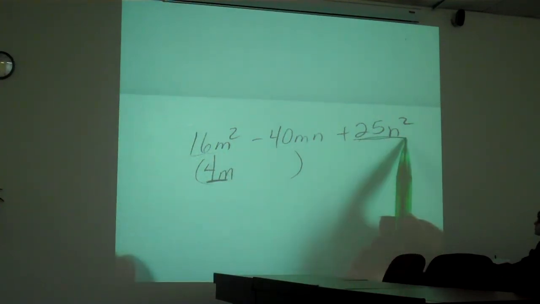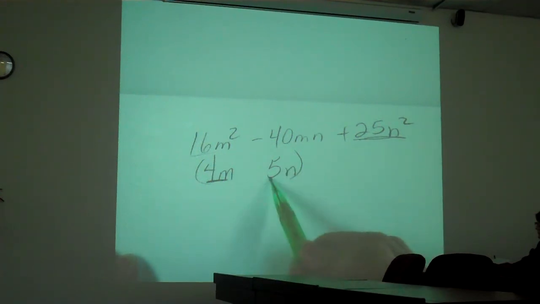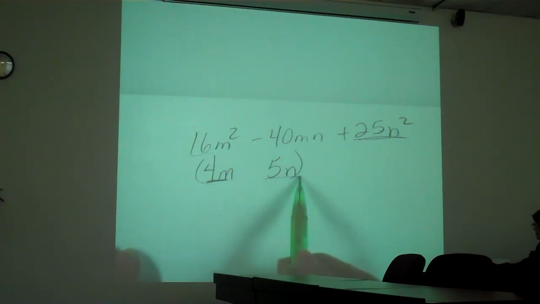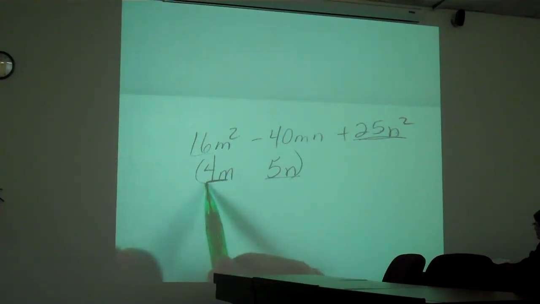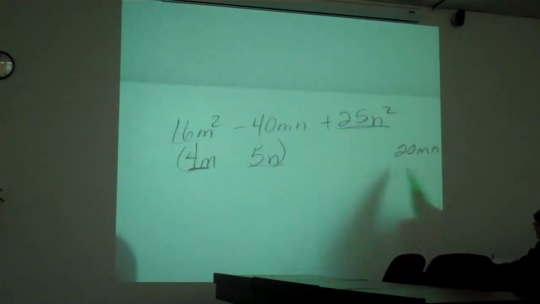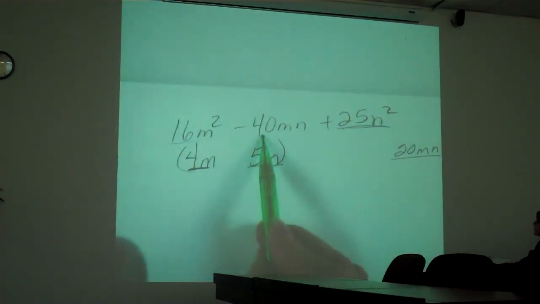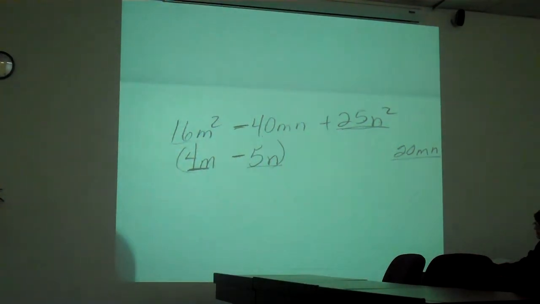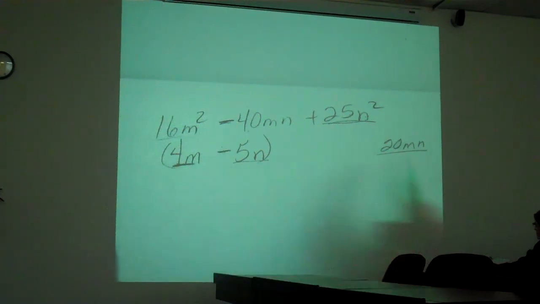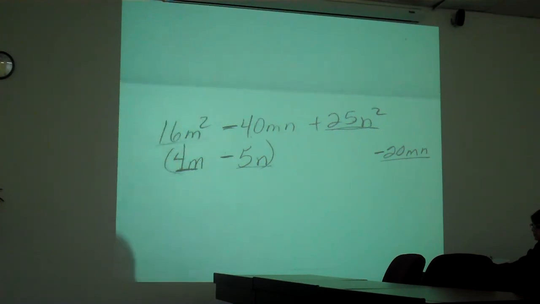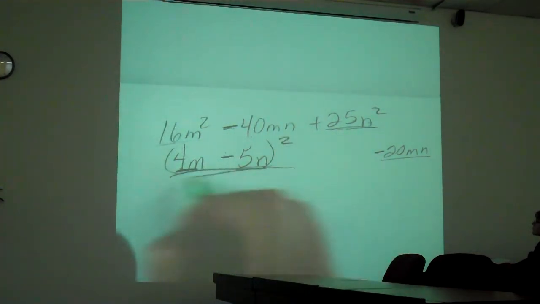And the last term? 5n. 5 times 5 is 25. n times n is n squared. Okay, 5n times 4m is 20mn, right? You double that, you get 40, right? We need the negative in here, because it's got to be negative 5n times positive 4m. So it's a negative 20mn. So it's this squared.